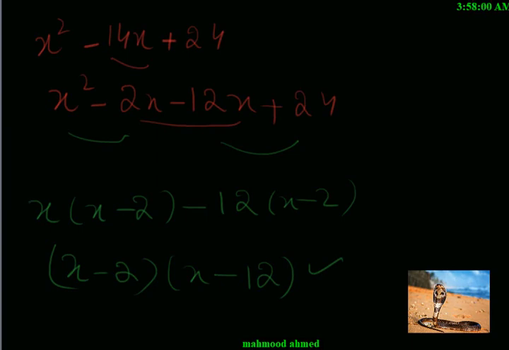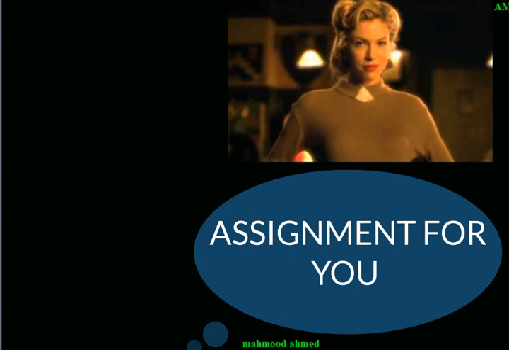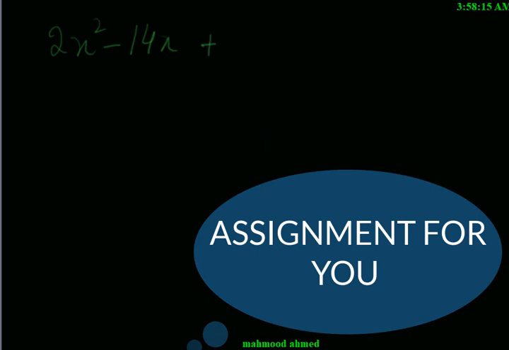So I think you understand this concept, and now here I write another example for you. 2x square minus 14x plus 24, or plus 12, and this is also slightly different, but you will see, if you look carefully, that their product is still 24, but the sum is minus 12.